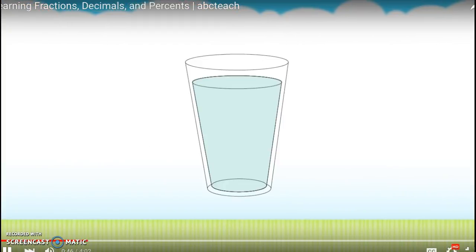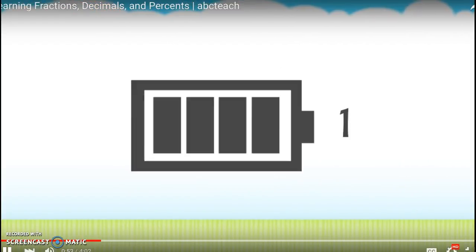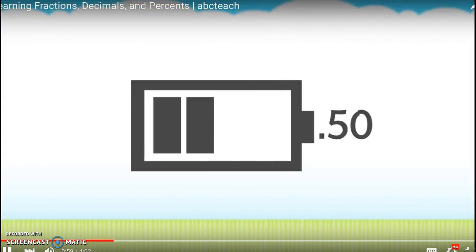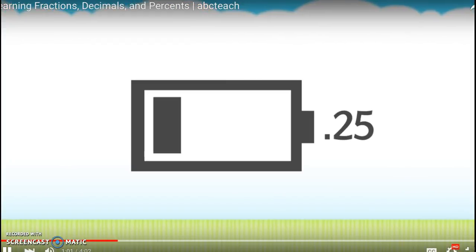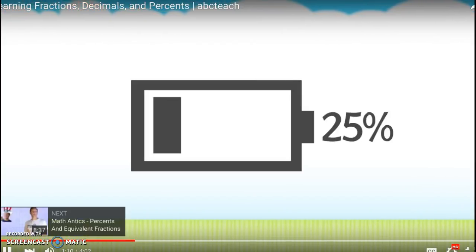With a quick glance, you know when a glass is full, half full, or nearly empty. When you see a battery icon, you can tell whether it's completely charged, half charged, or exactly a quarter. Because you know these things automatically, you can see for yourself that decimals, fractions, and percents give you different ways of stating the same information.